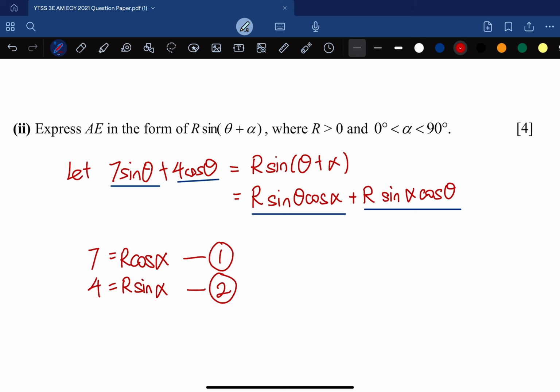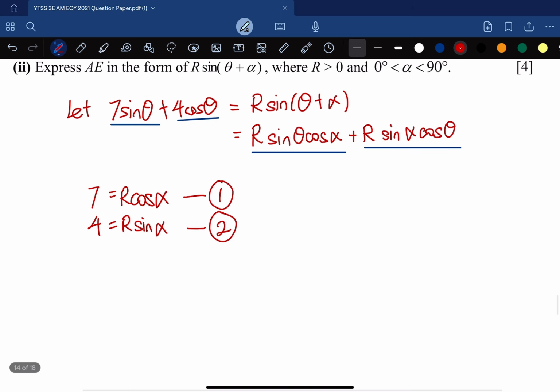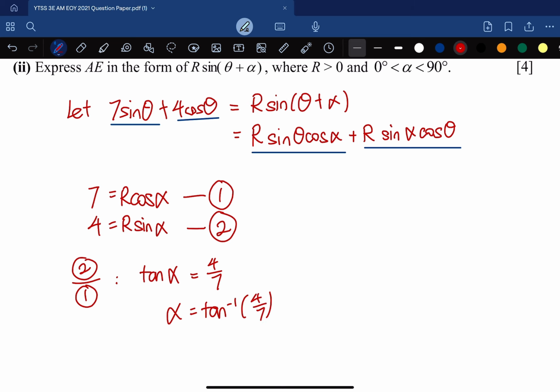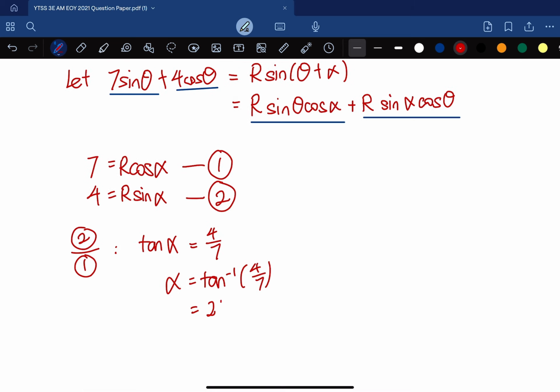Equation 2. So therefore, in order to obtain tangent, to get rid of the R, we take equation 2 divided by equation 1, sine over cosine. Therefore, tangent alpha equals 4 over 7. Alpha is simply tangent inverse 4 over 7, which will give me 29.7449 degrees.